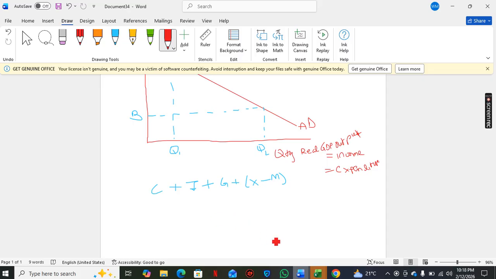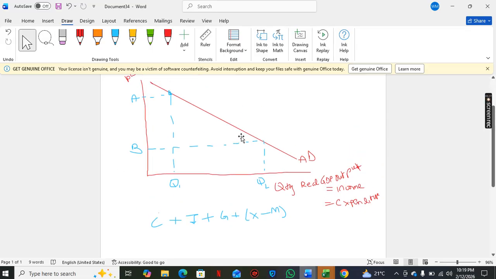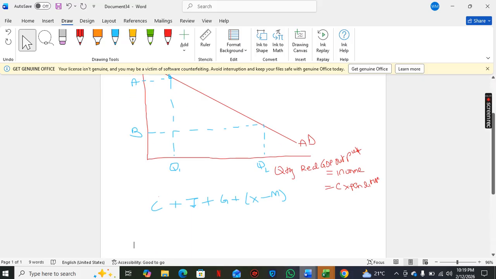Colleagues, why is a citizen regarded as a household? These are the shifters of aggregate demand, C plus I plus.